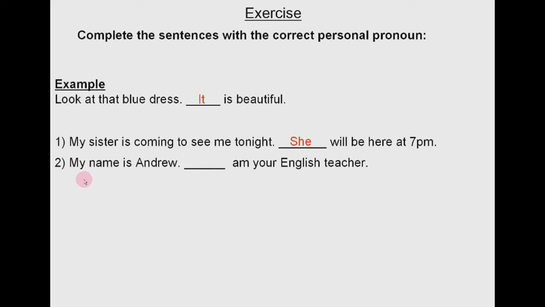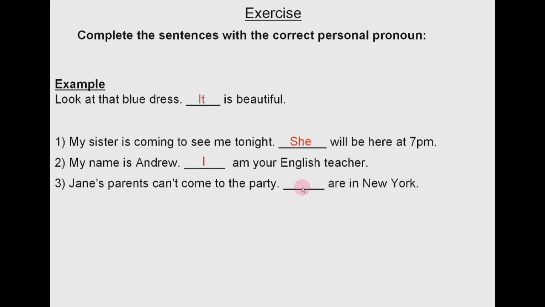The answer is, my name is Andrew. I am your English teacher. Question 3. The answer is, Jane's parents can't come to the party. They are in New York.